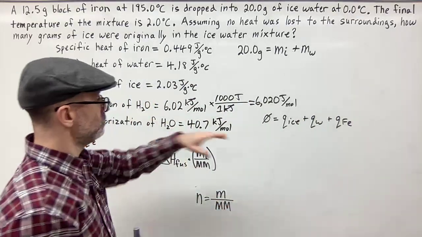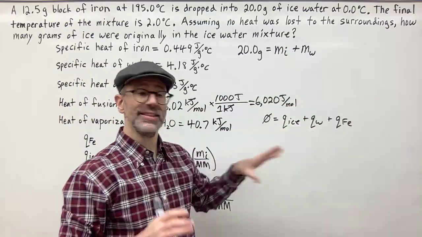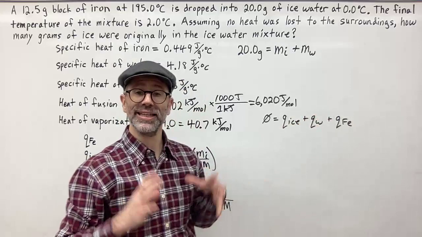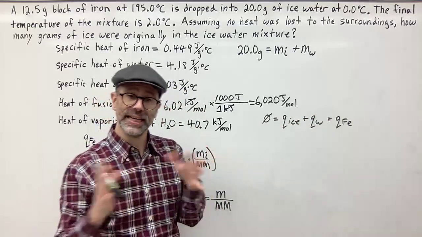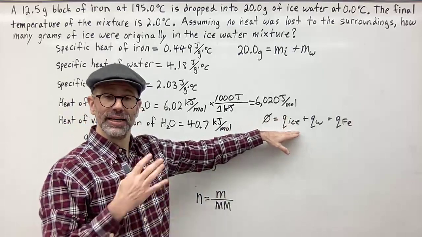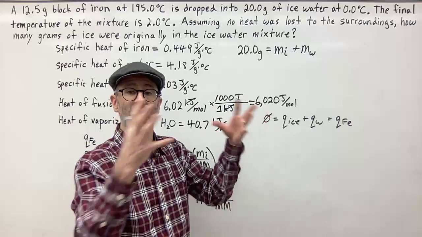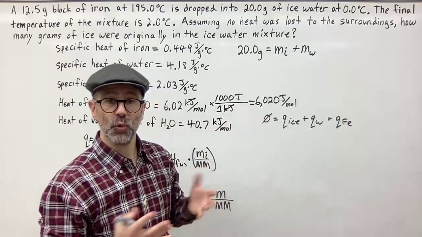So the mass of the water, this is going to be the water after the ice has melted, right? Because we're taking this in two parts. So the heat that's used to melt the ice. Once the ice is melted, it's going to be 20 grams of water. Why?